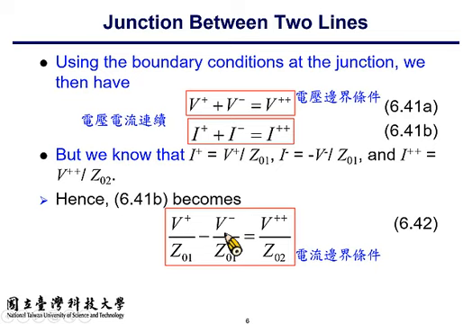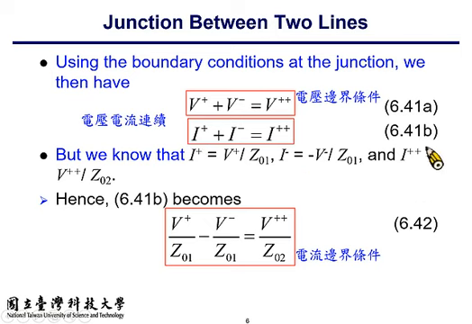And we also know that according to the characteristic impedance of the transmission line and the propagating direction, you can replace I plus with V plus over Z sub 01, and I minus equals minus V minus over Z sub 01. You need to note that there is a sign difference for the I plus and I minus part.